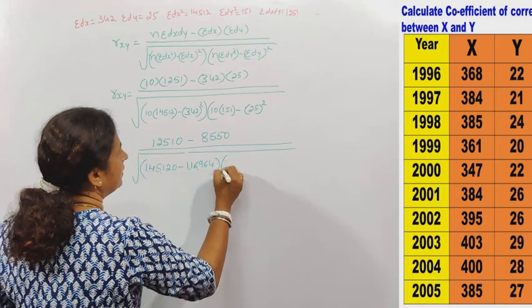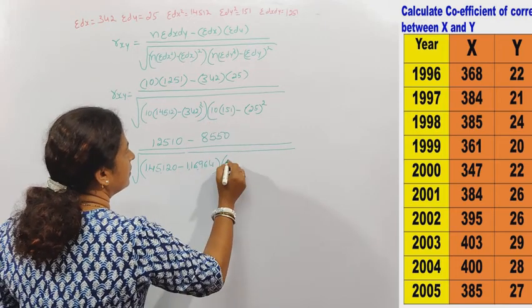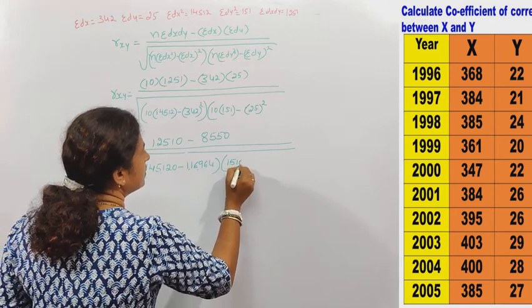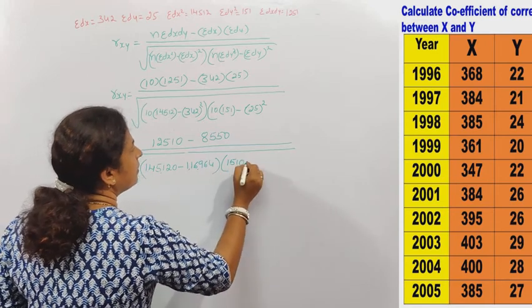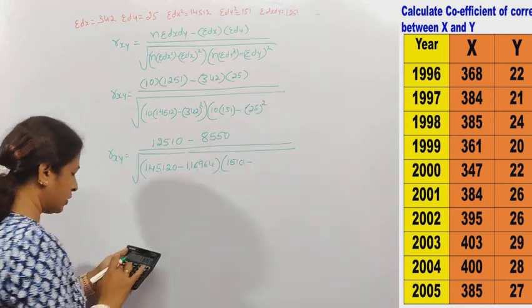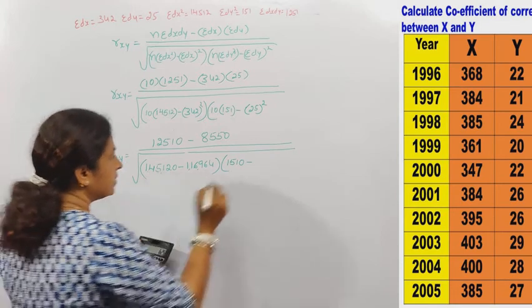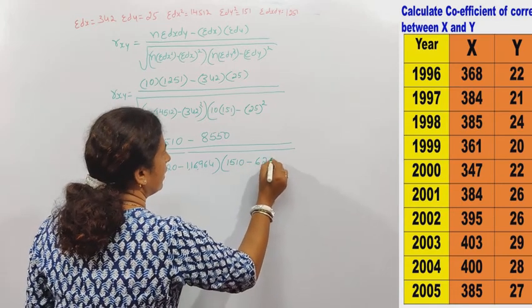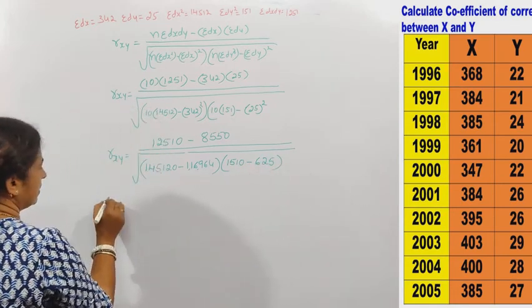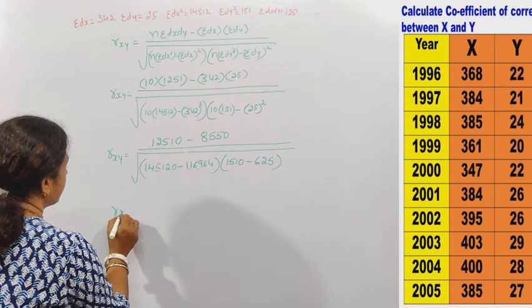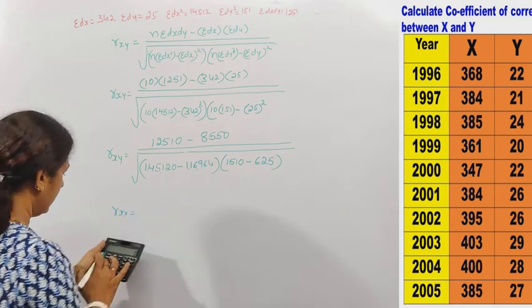Okay, close the bracket. Here 151 into 10 is 1,510 minus 25 square. 25 into 25 is 625.